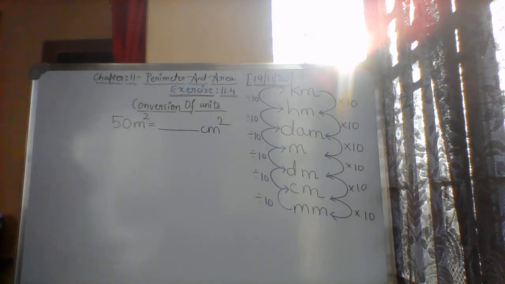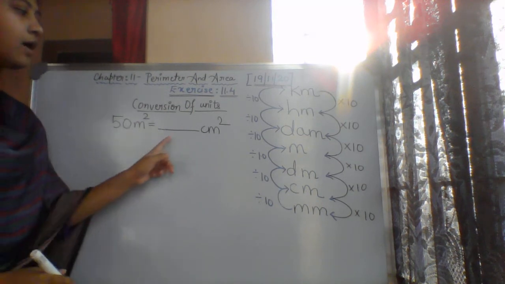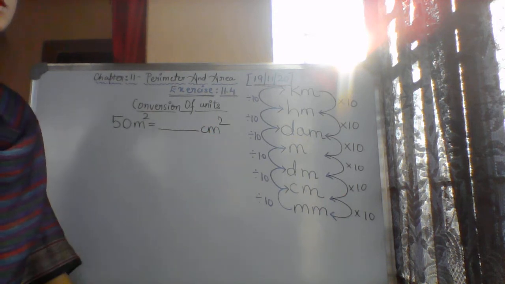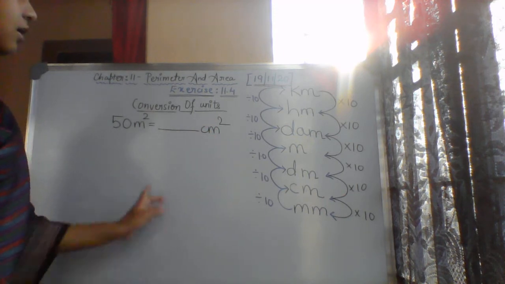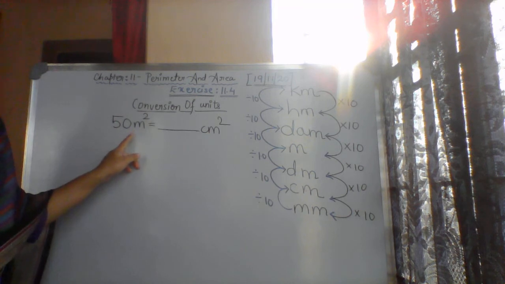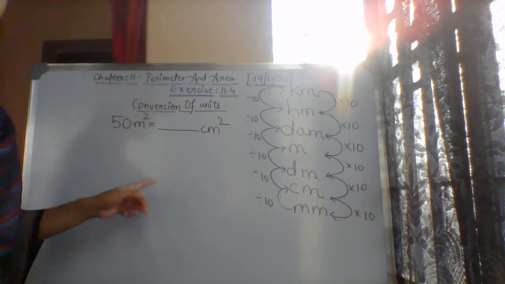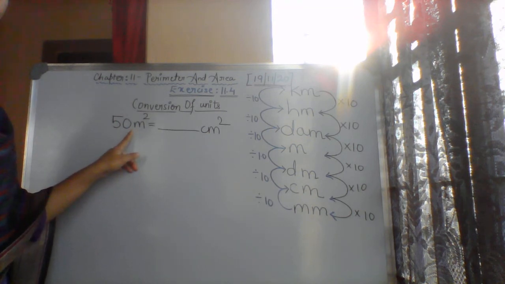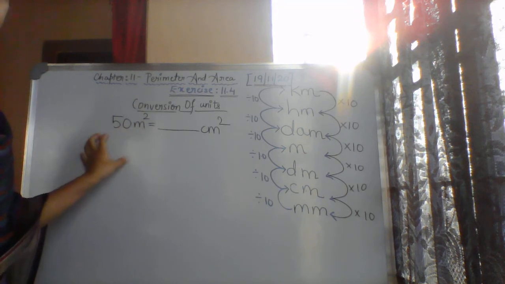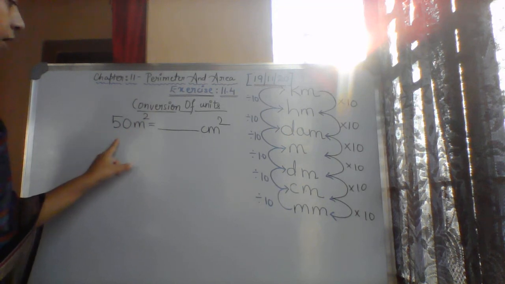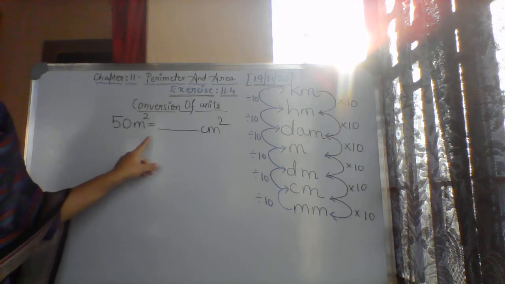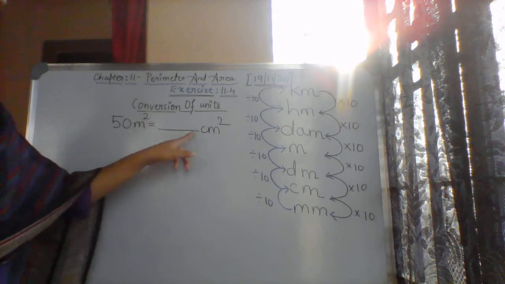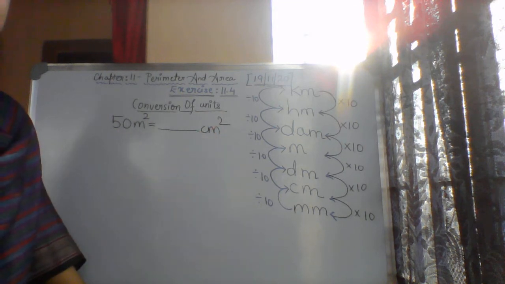Now 50 meter square I want to convert into centimeter square. You are thinking, in all previous examples we were dealing with 1, not 50 or any other number. But here we have 50 meter square and we have to convert into centimeter square.